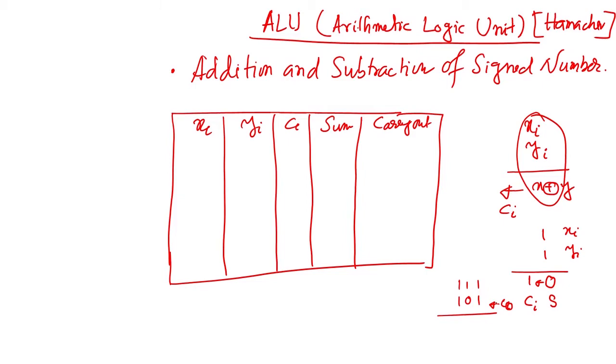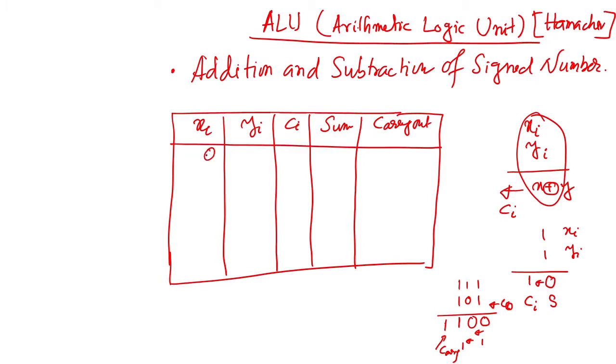Then you add whatever carry comes: 1 1 0 with carry 1, and 1 1 0 with carry also 1. Now you add 3 ones, so it will be 1 and then this should be the final carry. Okay, that is the way we do the addition, and then what will be the corresponding circuit?